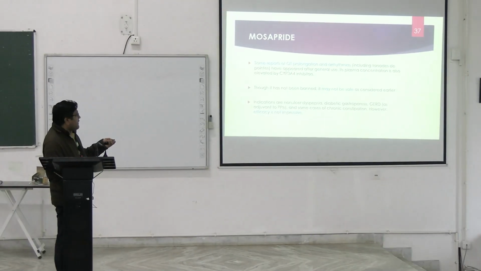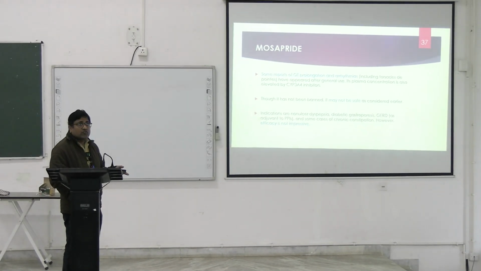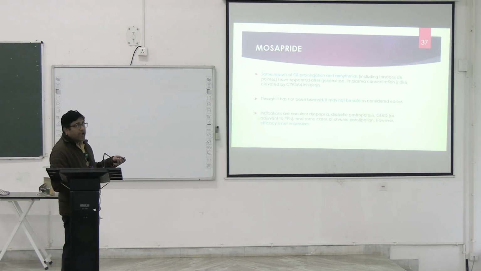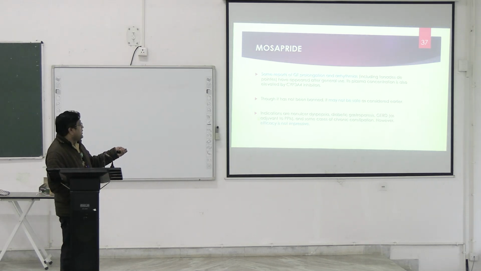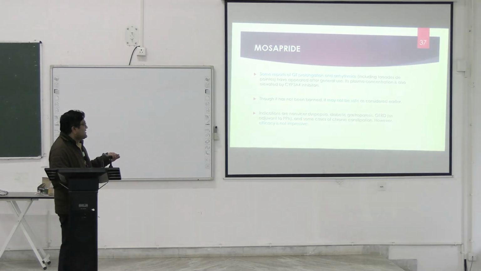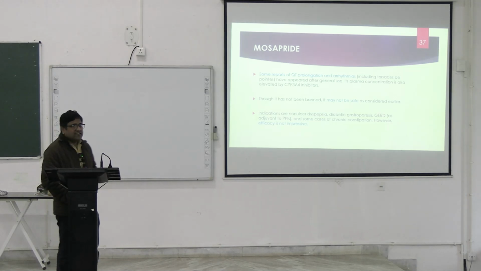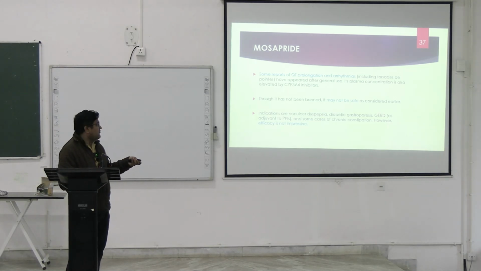So, some reports of QT prolongation and arrhythmia have appeared after general use. Its plasma concentration is also elevated by CYP3A4 inhibitors like antifungal drug azole. Though it has not been banned, it may not be as safe as considered earlier. Indications are non-ulcer dyspepsia, diabetic gastroparesis and gastroesophageal reflux disease.